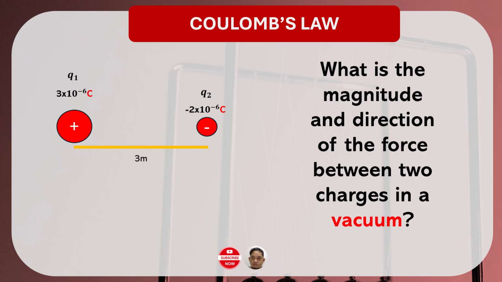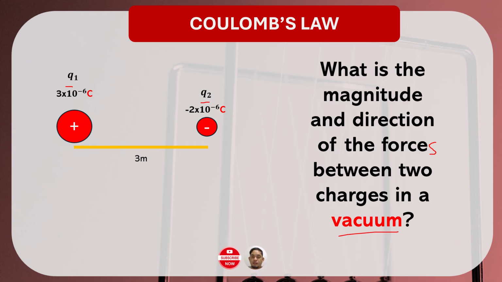So going back, what is the magnitude of the force between the two charges? We have charge 1 and charge 2. We have the values of each charge, and it's in a vacuum.